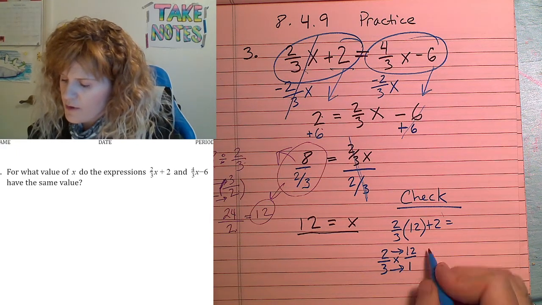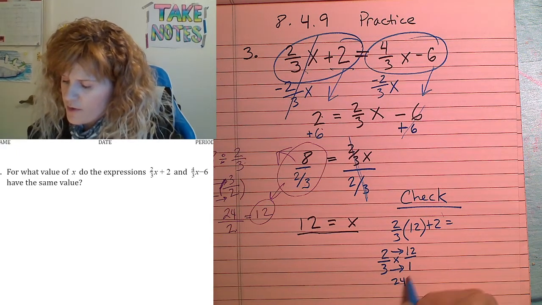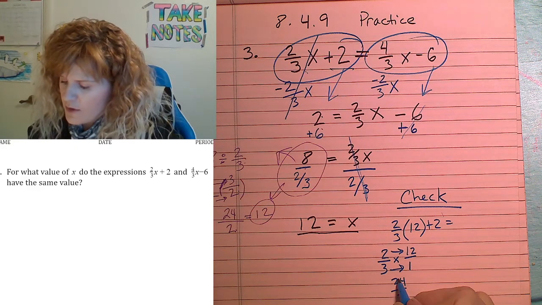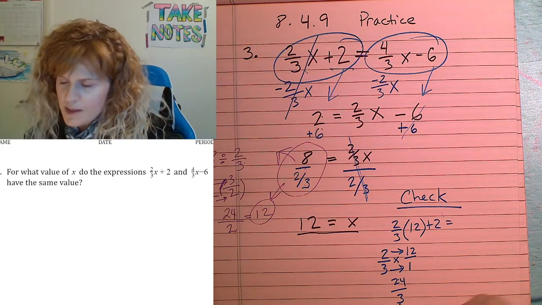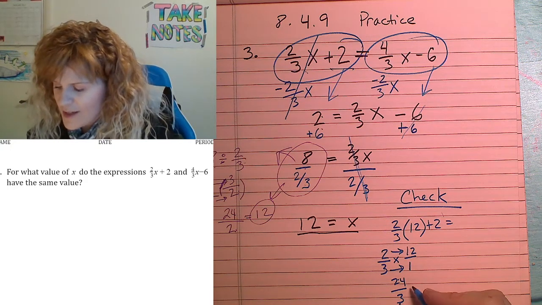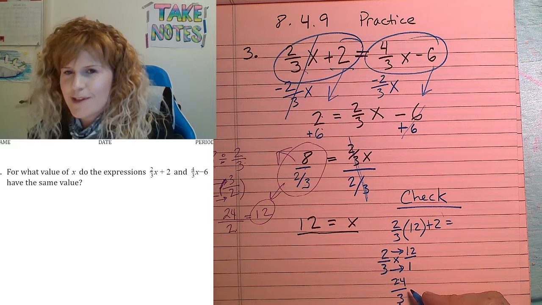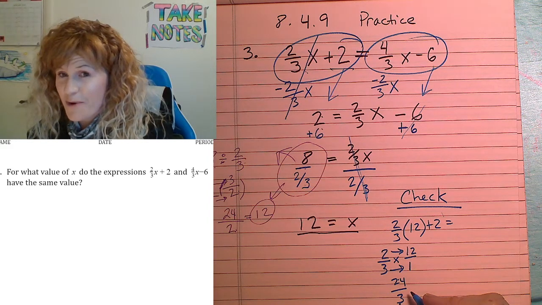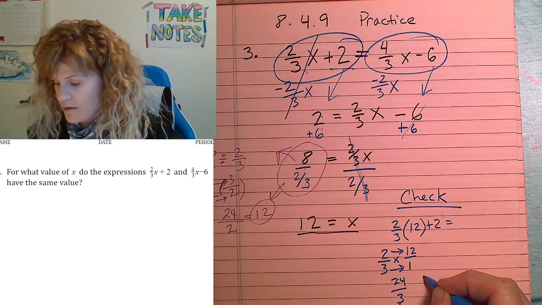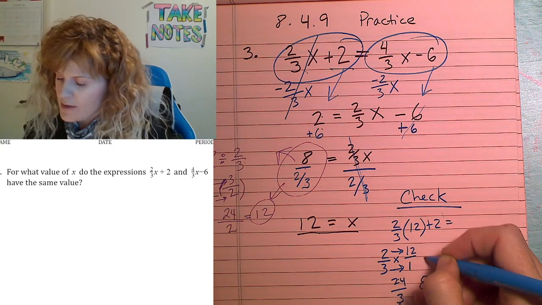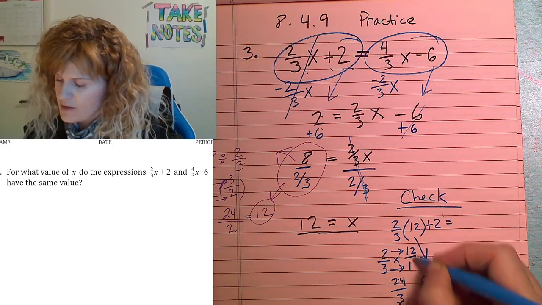So 2 times 12 is 24, and 3 times 1 is 3. 24 divided by 3 is, oh, suddenly I'm so sleepy, 8. Oh, did I say 18? It's a good thing I checked because I said the wrong answer. 24 divided by 3 is 8. Oh no. Okay, anyway, so this part right here is equal to 8.